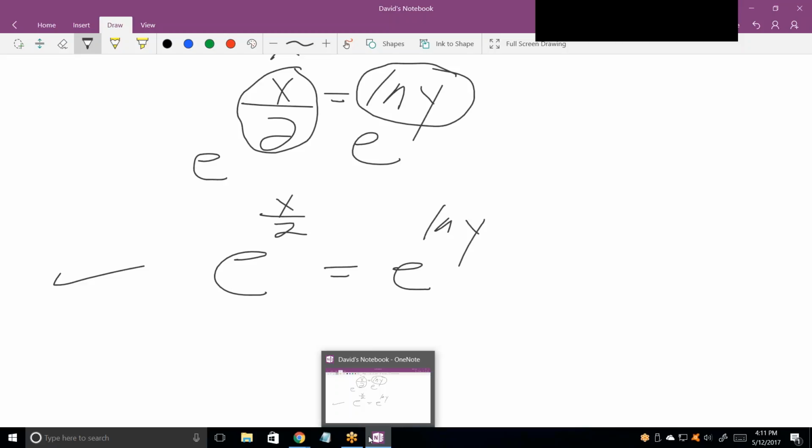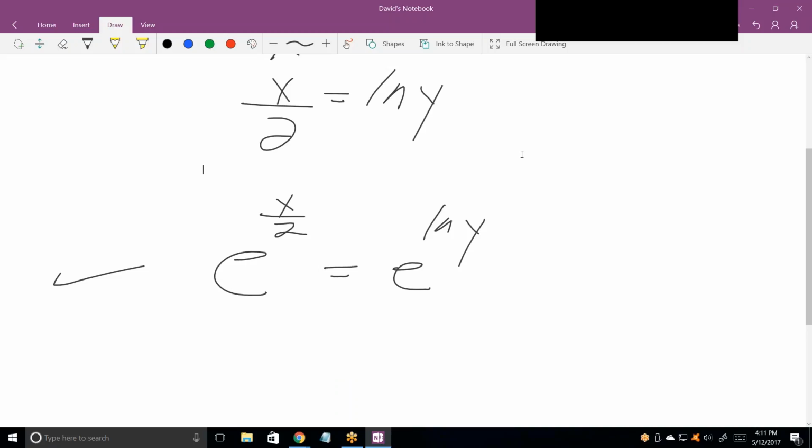In other words, if the base is the same and you have different exponents, then you can equate the exponents. Well, if you have two things that are equal to one another, in other words, if I have the exponents already equated to one another, as this line suggests, then I can put any base I want under that.